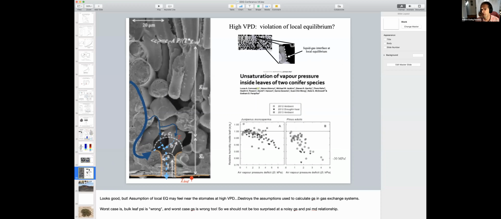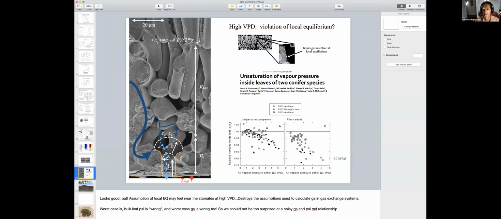There is one thing I will alert you to, and that is work from Farquhar and Cherny-Sack, and they are challenging the idea that the water inside the air spaces of the leaf is saturated at leaf surface temperature.